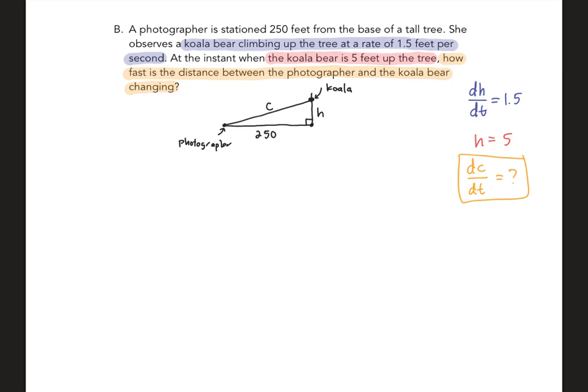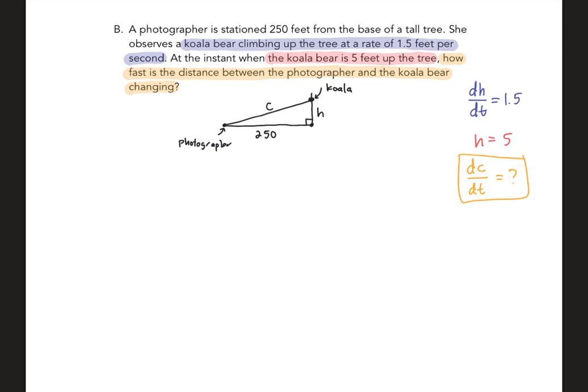Okay, so the variables we're given and want are h and c. We can see by this that if we use the Pythagorean theorem, that'll give us an equation involving those same variables. So definitely do the Pythagorean theorem.